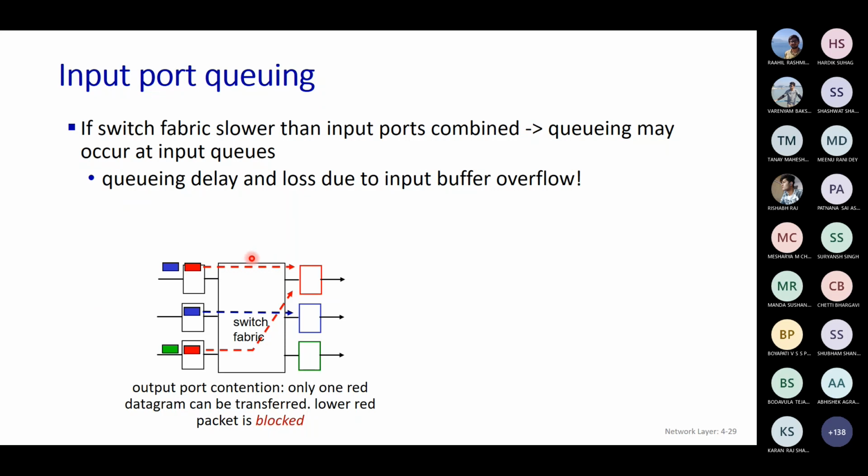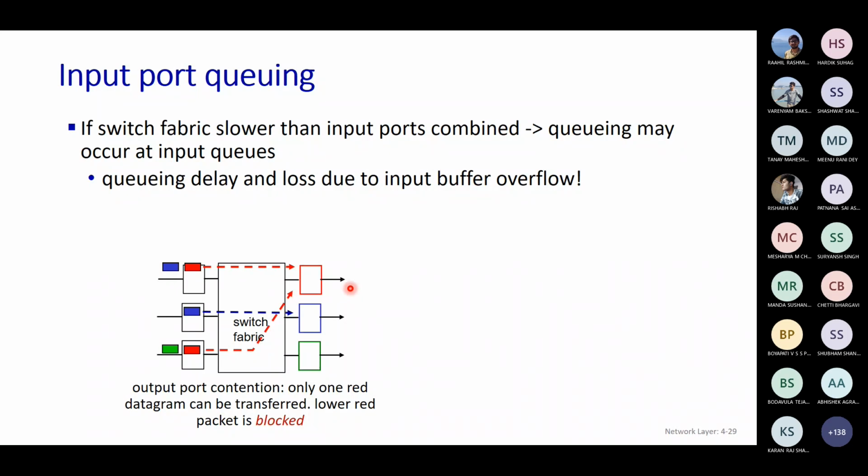There can be packets that want to go to the same destination, here meaning the corresponding output port. If they both want to go to the same destination, then there will be a contention to get to that particular output port. This is called output port contention.